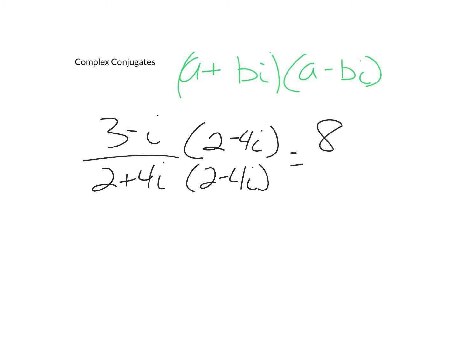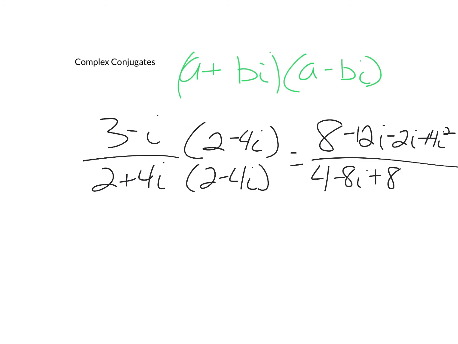Numerator is going to be 8 minus 12i minus 2i plus 4i squared. Denominator, what's nice about the complex conjugate is it gets rid of the i's in the denominator. So it would be 4 minus 8i plus 8i minus 16i squared. Negative 8i plus 8i is 0. Negative 16i squared is 16, so we're going to get 20 on the bottom.